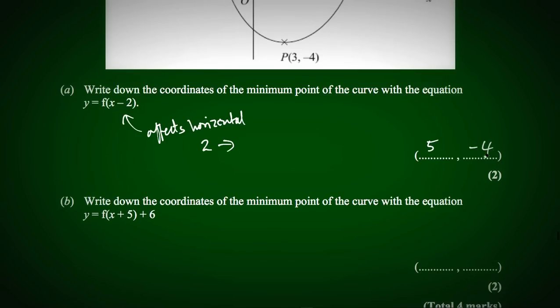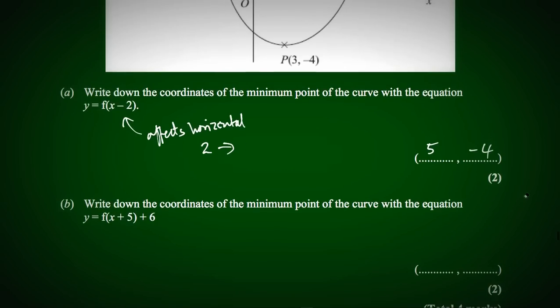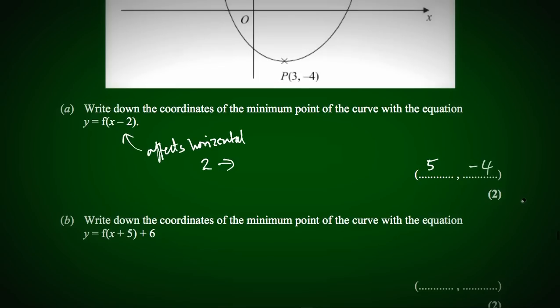Write down the coordinates of the minimum point of the curve with the equation y equals f of x plus 5 in brackets, plus 6. So we've got 2 changes to consider here. This is moving it 5 to the left, and this outside the brackets is affecting the y coordinate, so this is moving it 6 up.